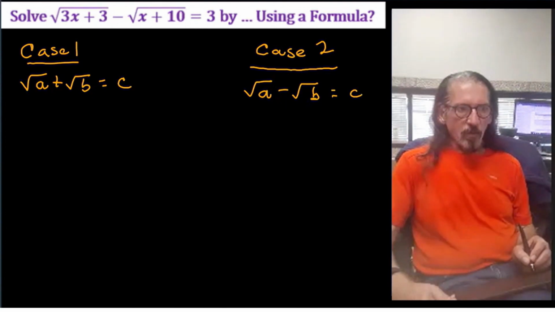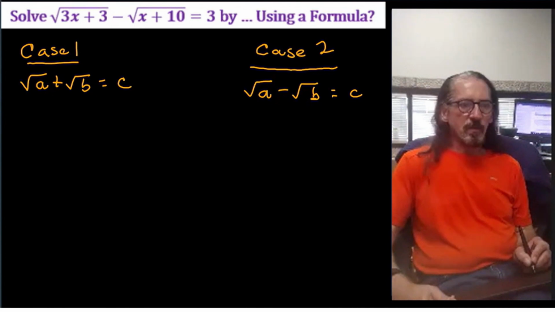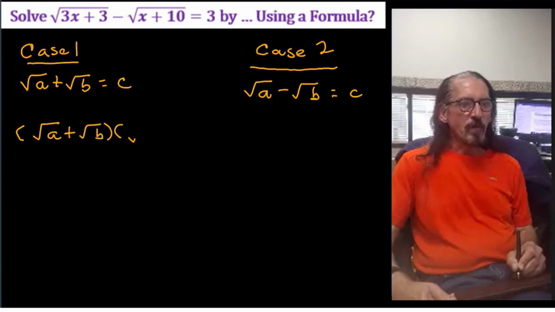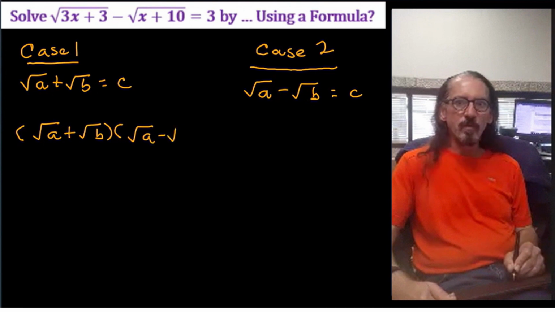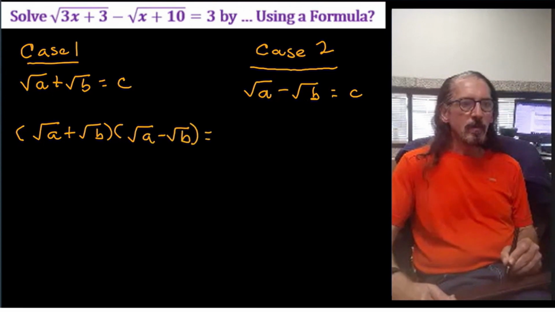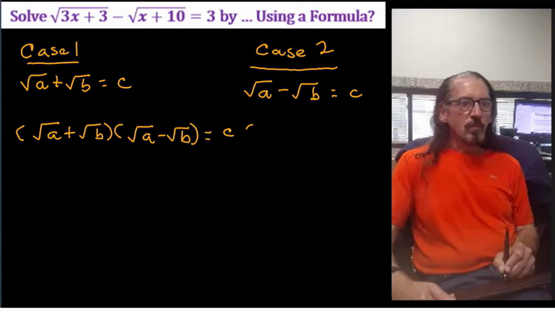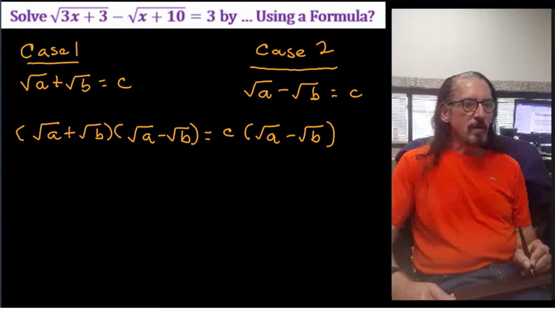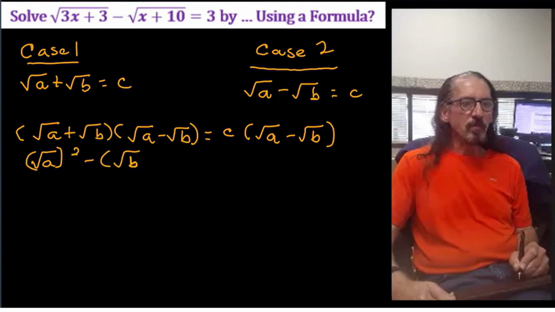What I'm going to do is multiply both sides by the conjugate of square root of a plus square root of b, namely the square root of a minus the square root of b. So on the left-hand side, we would have the square root of a squared minus the square root of b squared.